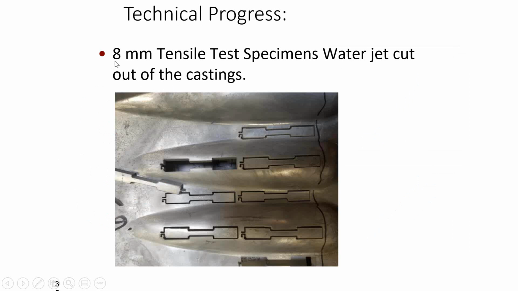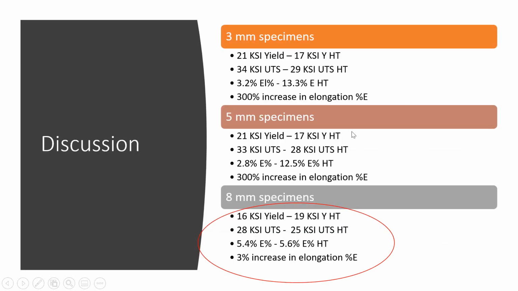So this is just about the 8 millimeter cross section that was then water jetted out of the castings, in a very thick section of the same die castings.